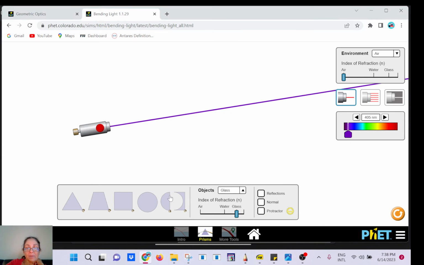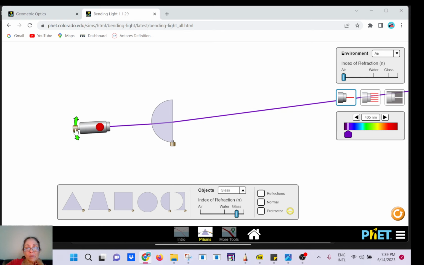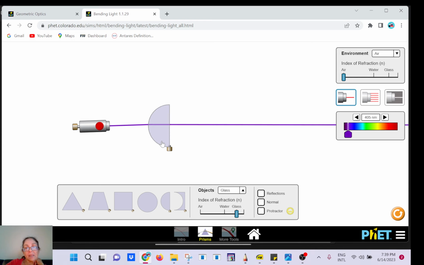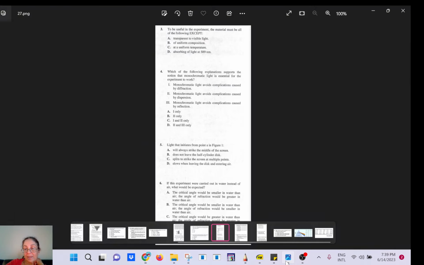If I take my half circle and try to go straight, you see it goes in a straight line and it doesn't bend. There is no bending of light.